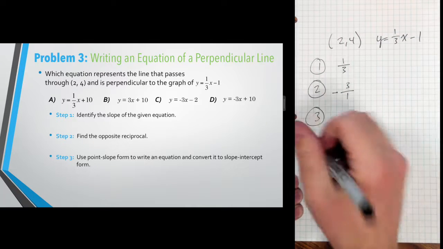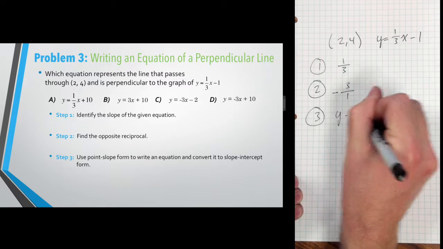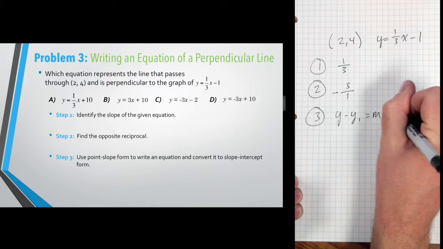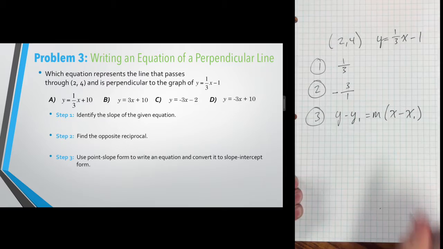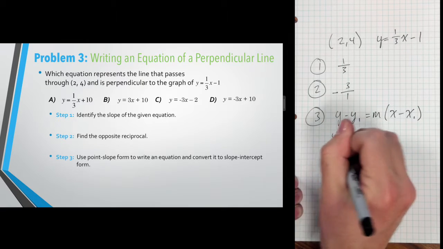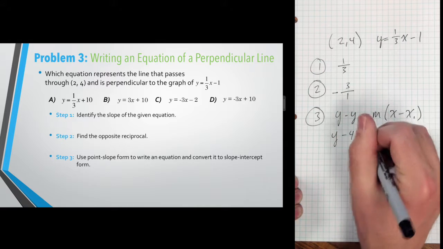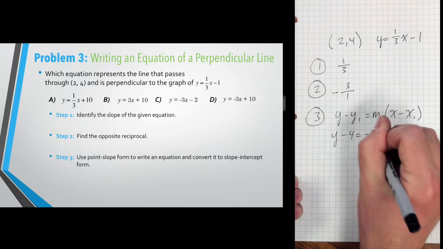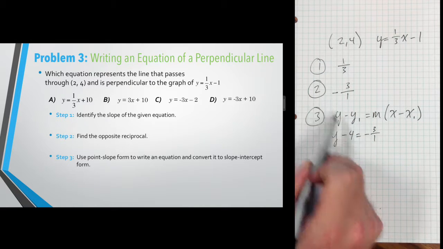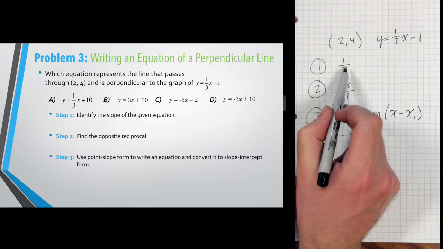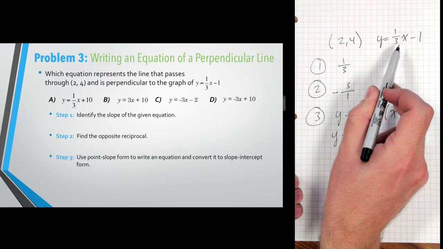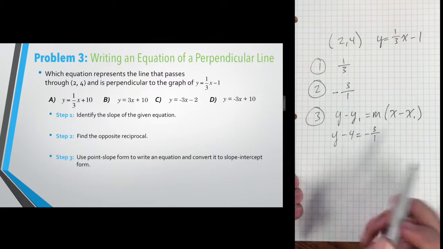So here we go. We want y minus y1 equals m times x minus x1. Y minus y1 is 4 equals, the slope is, notice, it's negative 3 over 1 now. We're not using the same slope as the other one because it needs to be perpendicular, not parallel.